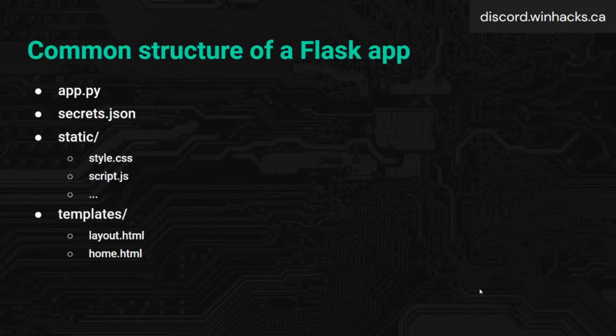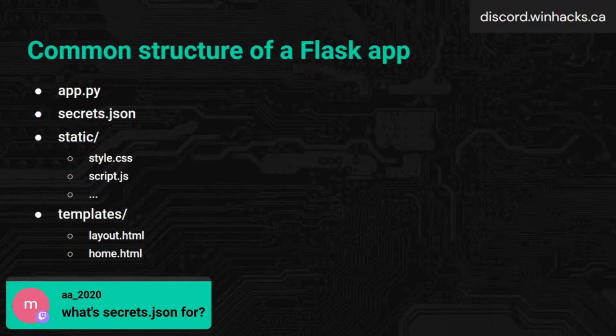I'm seeing a question: what is the secrets.json file for? The purpose of the secrets.json file is to keep all your configuration details. This might be API keys. In our case, it's going to be a secret key that we put in there, which again is just some random string of characters that we use to configure the website.